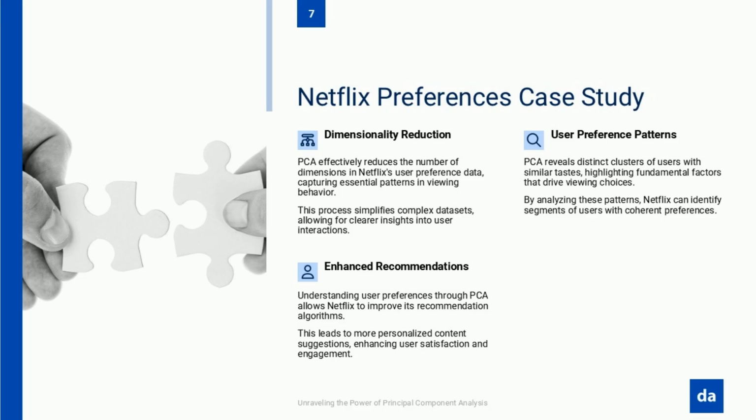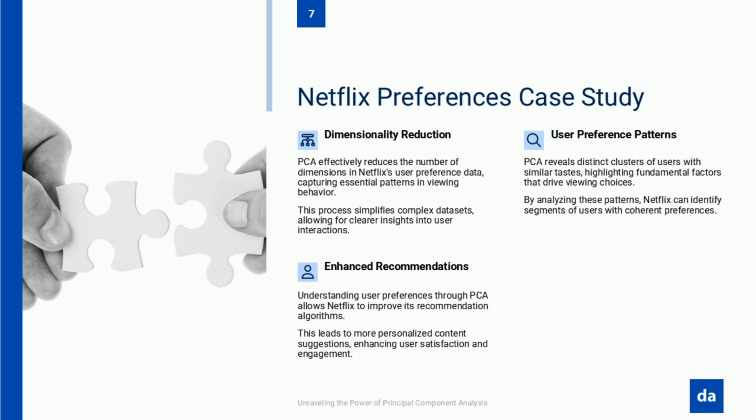This transformation reveals that despite the thousands of movies in the catalog, a surprisingly small number of components can capture most of the variance in viewing behavior. The first few principal components might explain 30 to 40% of the total variance, remarkable considering we've reduced from thousands of dimensions to just a handful.